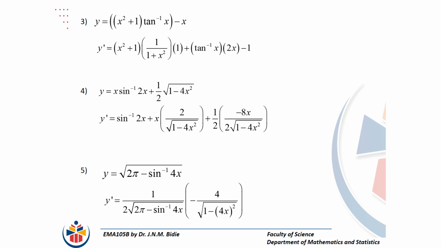Still, you can simplify this because 4 and 2 will find a way to cancel each other. And here in your denominator, we have the square root of 1 minus 16x squared. Let's go to the next slide.